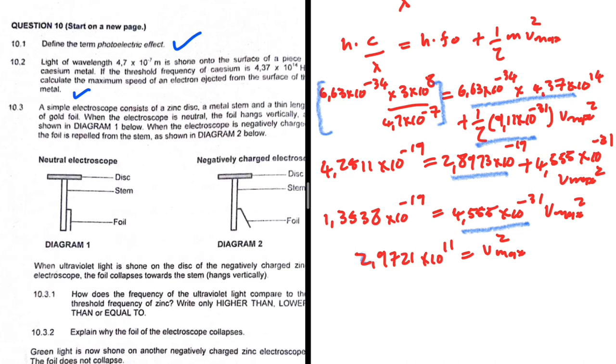I'm getting 5.45 times 10 to the power 5 meters per second being equal to V max. So there we go. That is the maximum speed of an electron ejected from the surface.